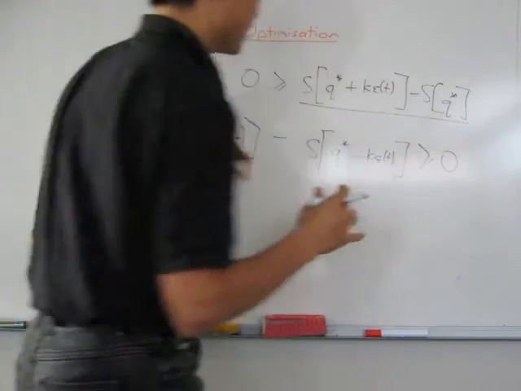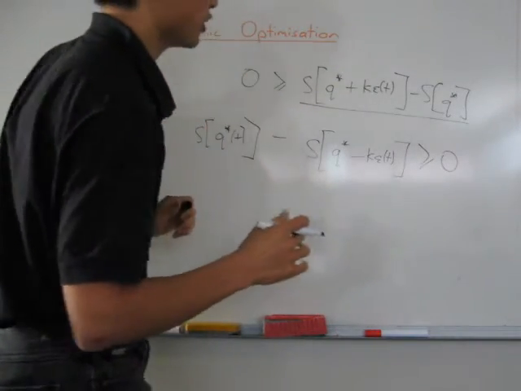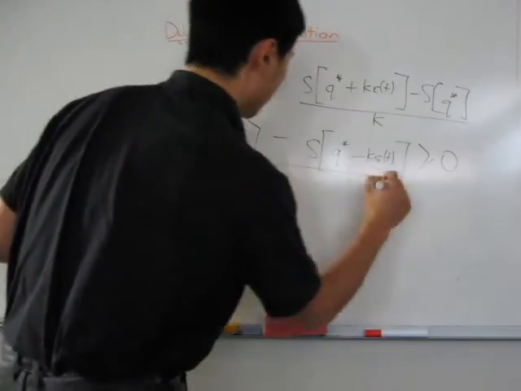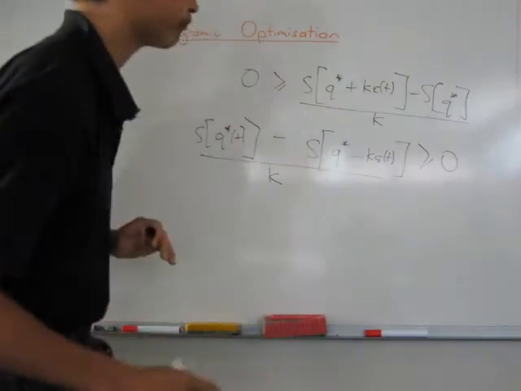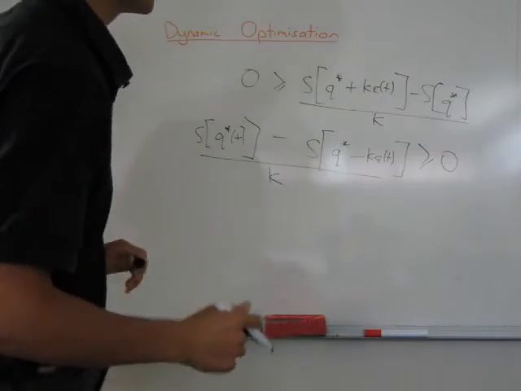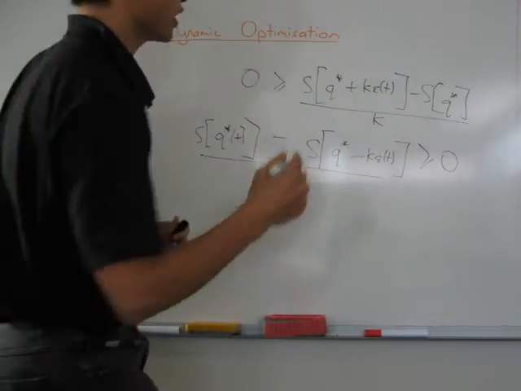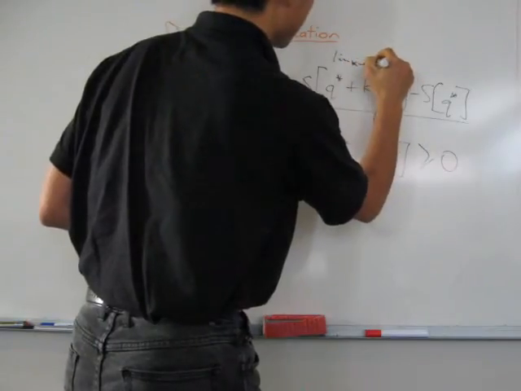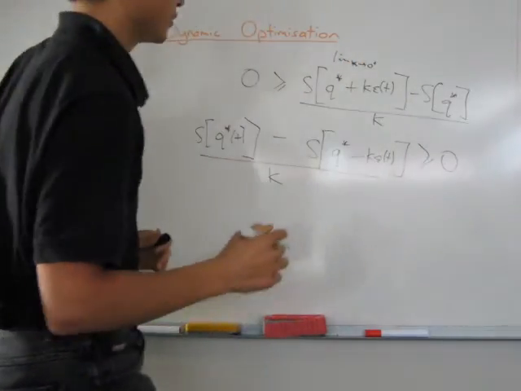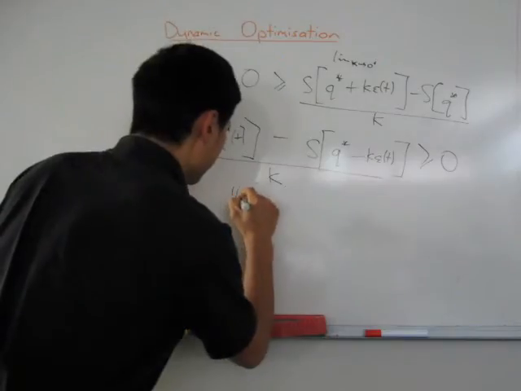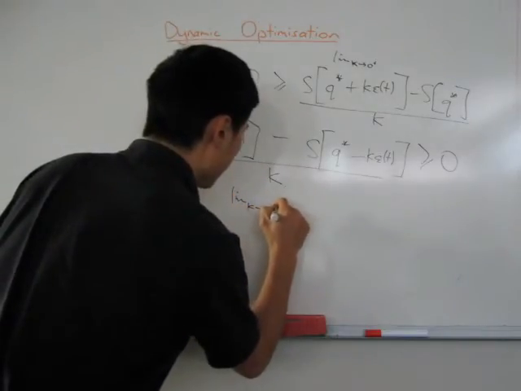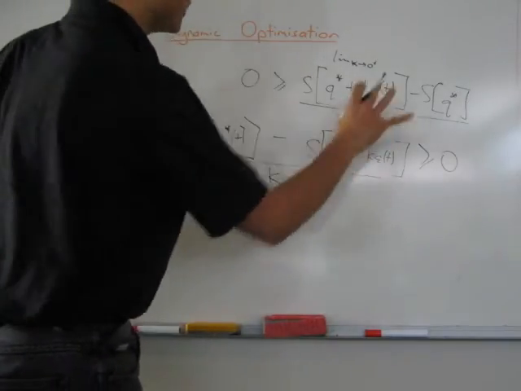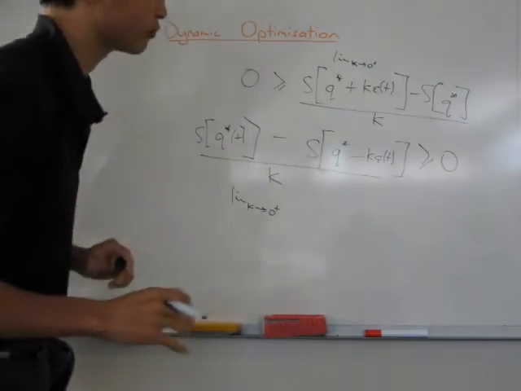So we're manipulating these inequalities, and both of these inequalities must still be true unless I'm lying. Okay? So what we can also do is we can take the limit as k tends towards 0 from the positive side. So at all times, k is a positive number, so both of these inequalities must still hold.